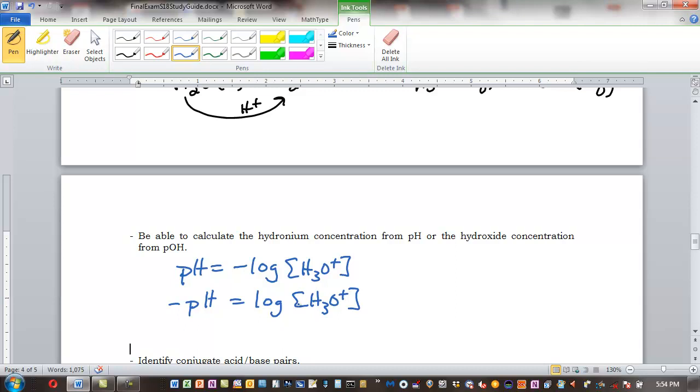To solve for hydronium, we need to get that log base 10 out of the front. How do we do that? 10 raised to the x. So 10 to the negative pH equals 10 to the log of hydronium, and the right side just gives us the hydronium concentration. So hydronium is 10 raised to the negative pH power.